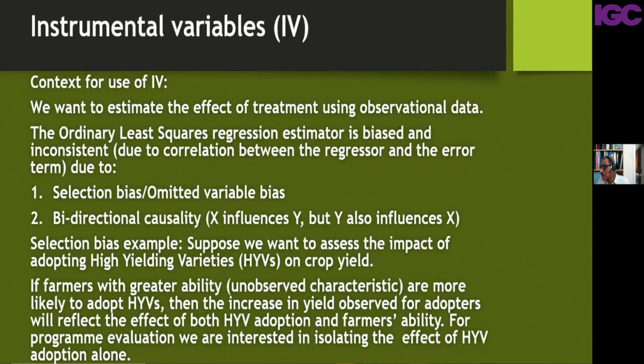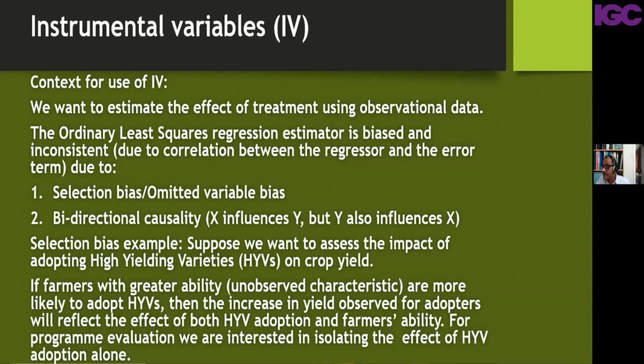Now, suppose we want to assess the impact of high yielding varieties on crop yield. Now, this is a voluntary enrollment situation. That is, farmers can either choose to adopt high yielding varieties or they can choose not to adopt high yielding varieties.